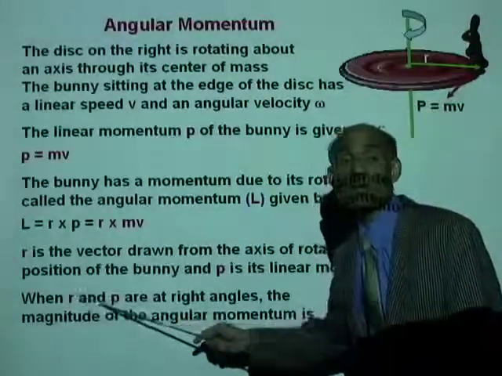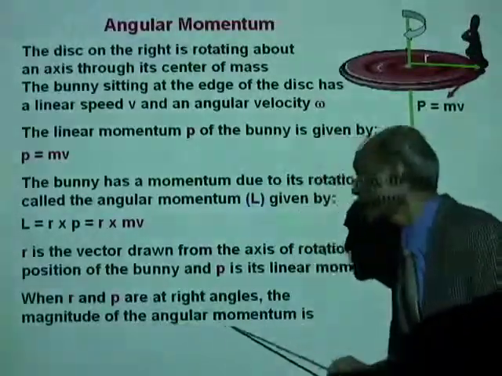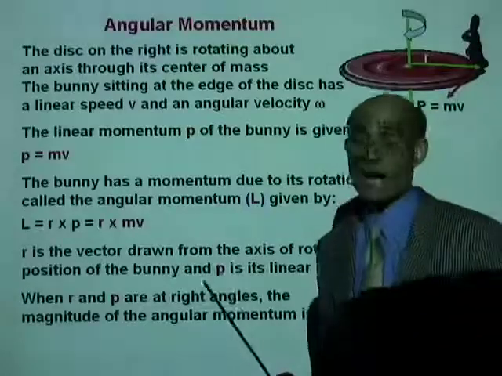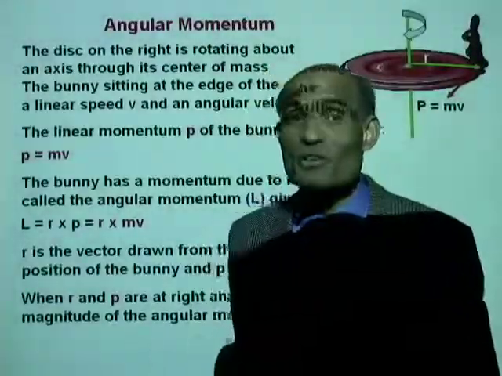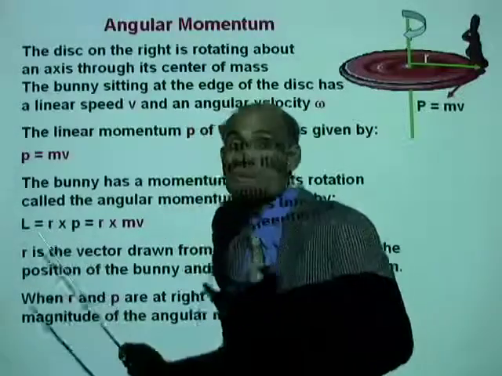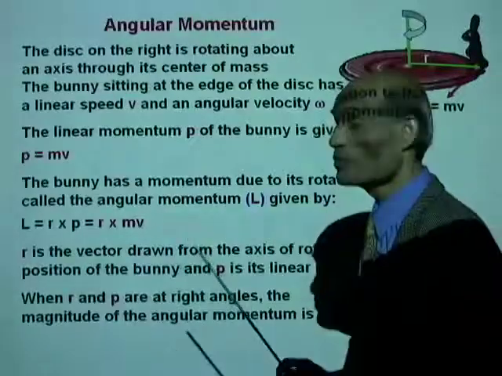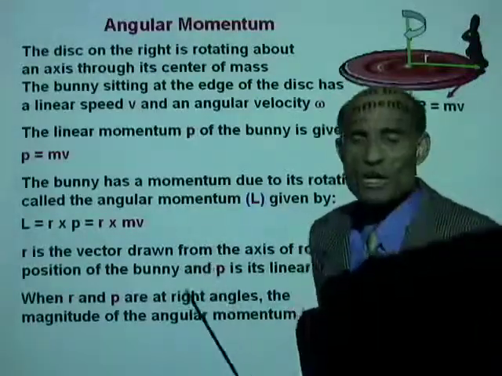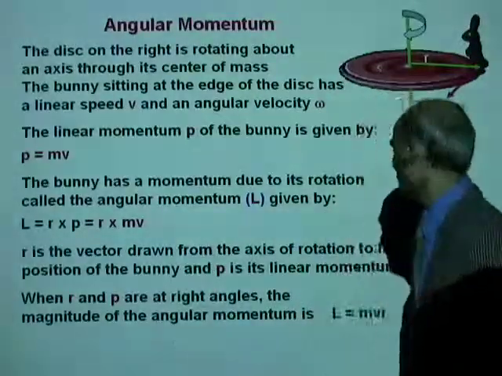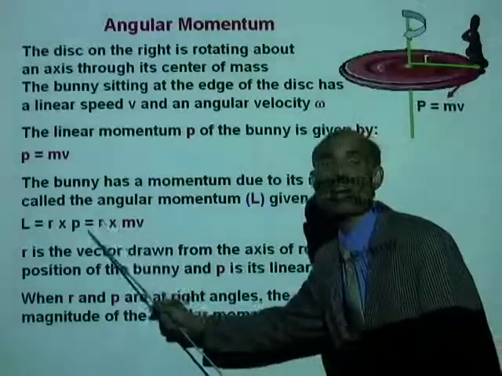When r and p are at right angles, consider the magnitude of the angular momentum. Now remember, angular momentum is a vector quantity. It is given by the cross product of r and p. It has a direction. But if you now consider the magnitude of the angular momentum, we can write L equal to mv times r.